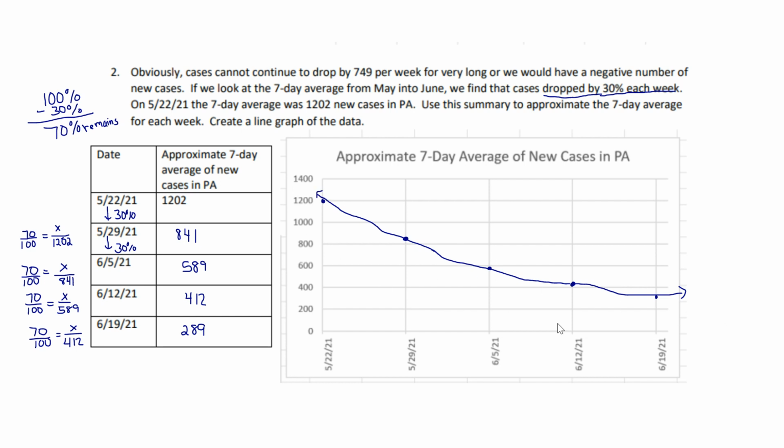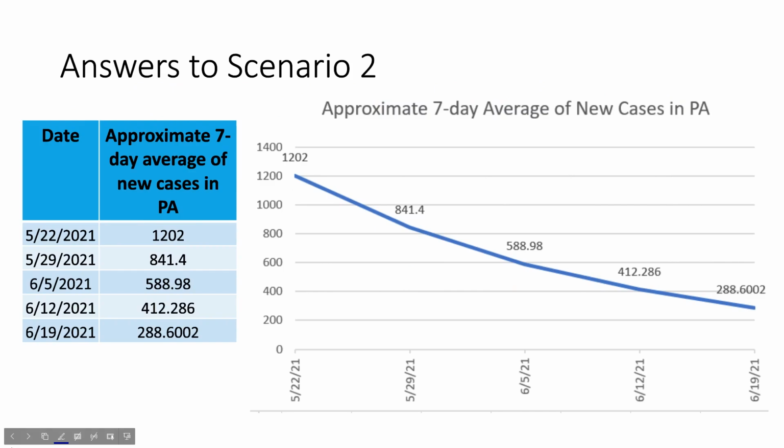So my curve, not perfectly smooth, but again, I went out to technology, asked that to do it for me. Here I have the numbers with all the decimals, and we rounded these all off to whole numbers, but this shows you the exact values. And we do see that this starts to curve or to flatten. The drop-off is not nearly as steep as it once was.